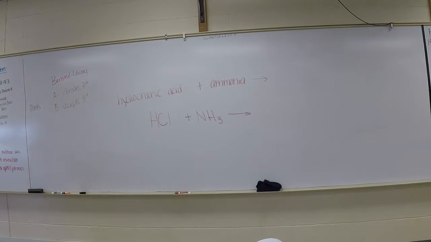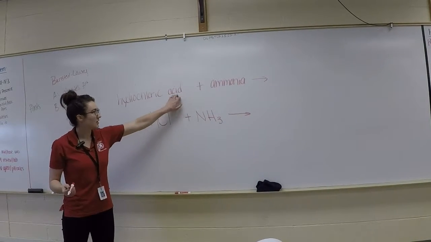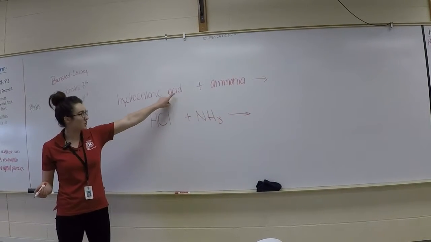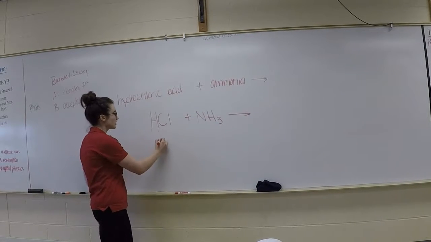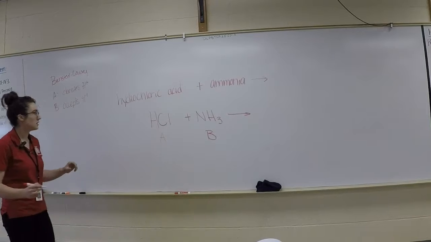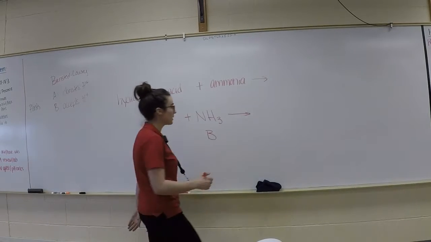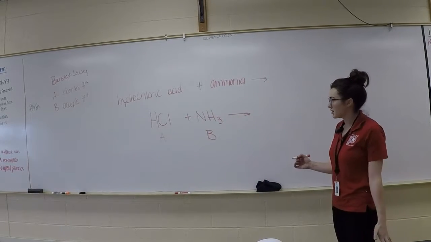Be able to recognize. Okay, so which one is the acid? The word acid should give you a hint that HCl is the acid, and that NH3 then therefore has to be our base. So our acid is going to donate an H+. It's just going to give it away to our beautiful base. So what is HCl going to become?